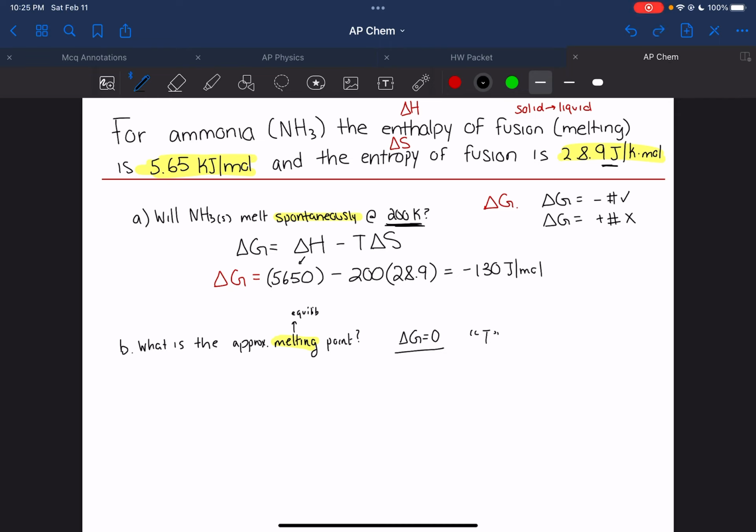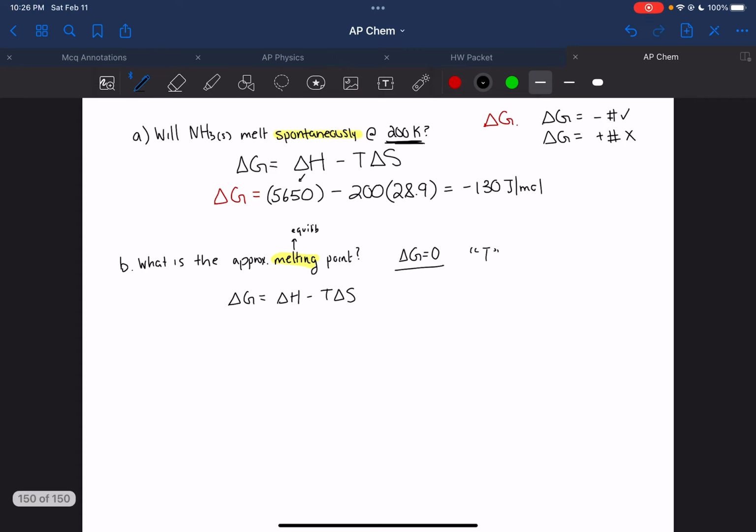Okay, so now we have the formula delta G equals delta H minus temperature times the entropy, right? If I'm setting this to 0, that means that 0 is equal to the enthalpy minus the temperature times the change in entropy. Then I can rewrite that to say that the temperature times the change in entropy is equal to the change in enthalpy.